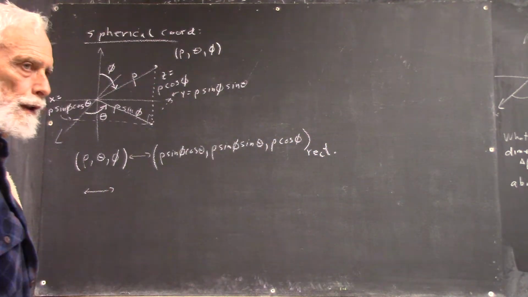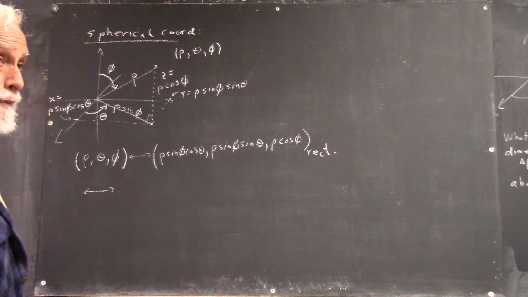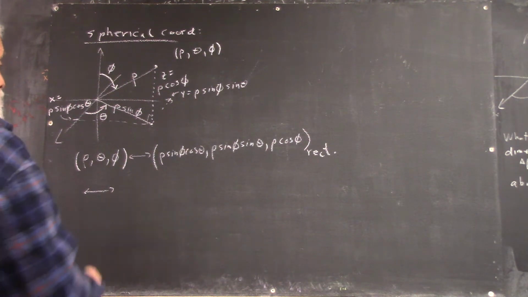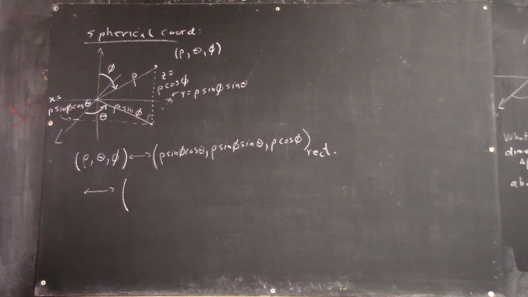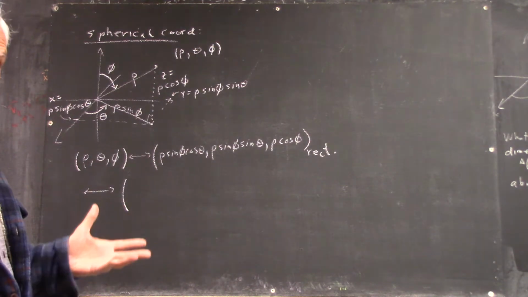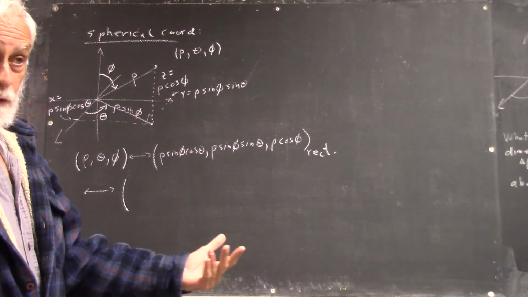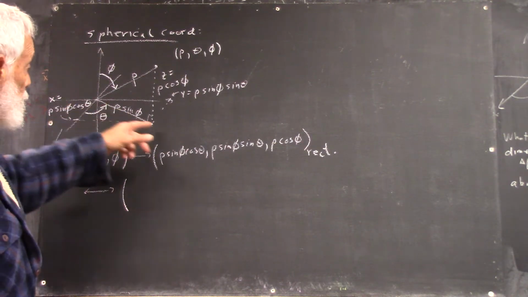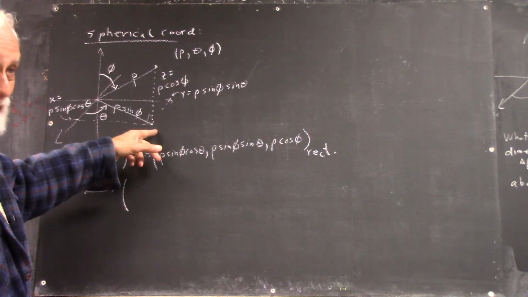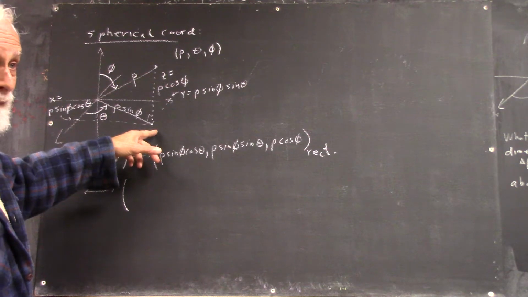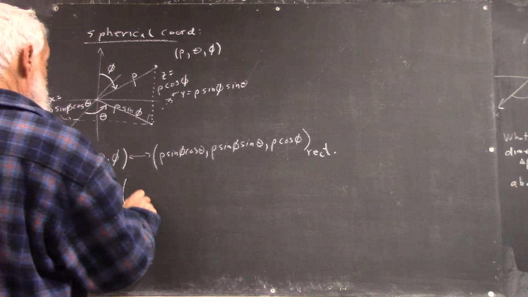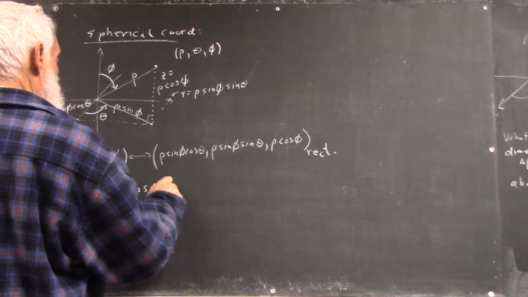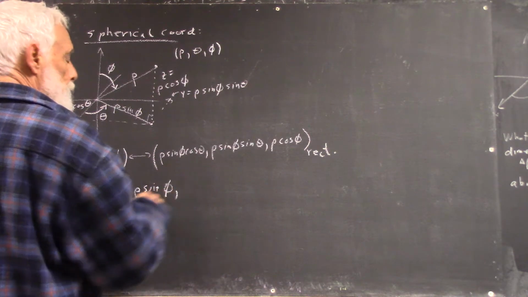And that corresponds to what in cylindrical coordinates? Well, in cylindrical coordinates, what are your coordinates? R, theta, z, right? R being the distance from here to here in the xy plane, right? So R is just your rho sine phi, okay?